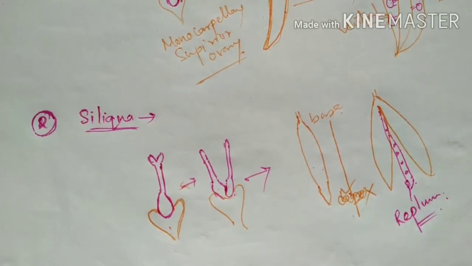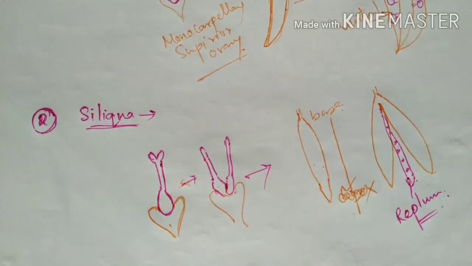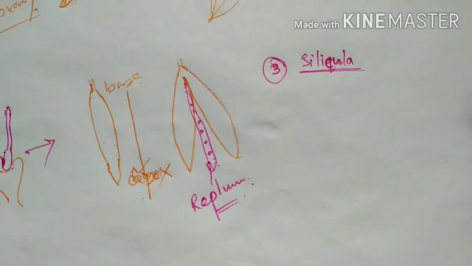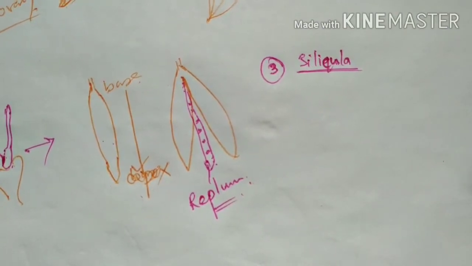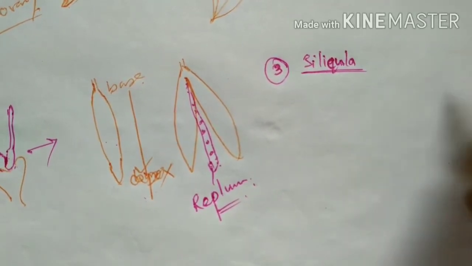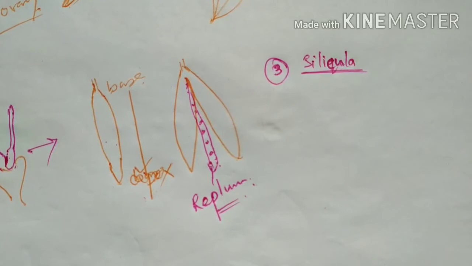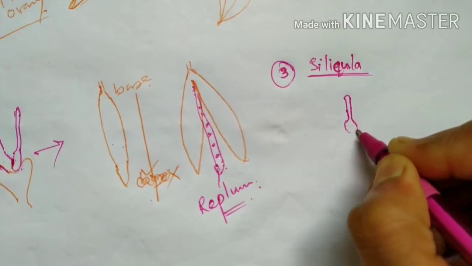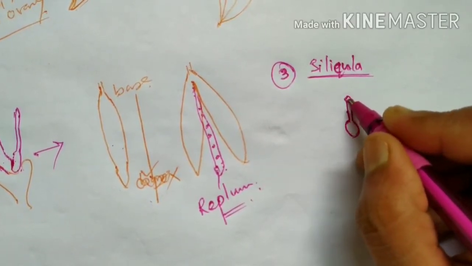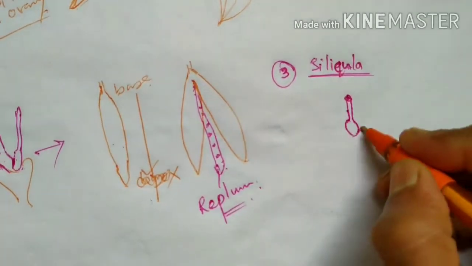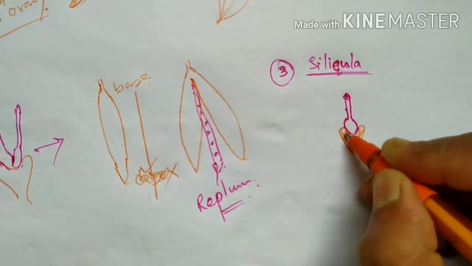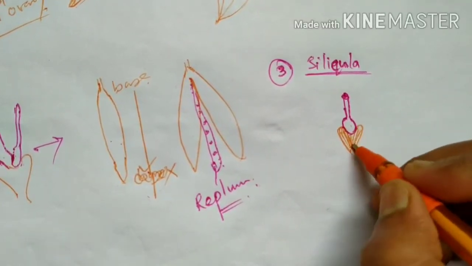The next type of fruit is Silicula. Silicula fruits develop from a superior syncarpous ovary. Syncarpous means the carpels are fused, and superior ovary means all floral parts stay beneath this ovary, and the ovary is always superior in position.